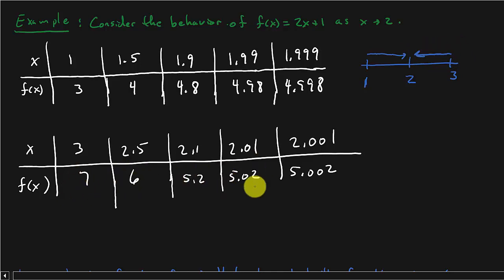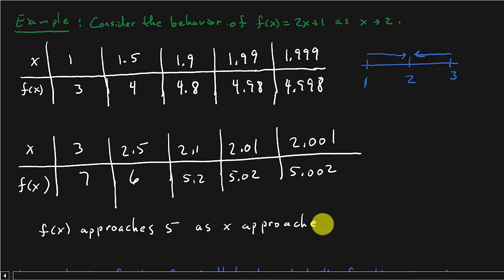They're getting closer and closer to the number 5. So let's just say it like this. Let's say f of x approaches 5 as x approaches 2. And that's all they're wanting us to do.